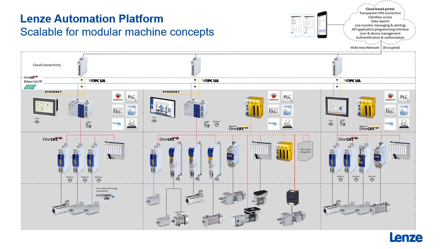And we also have the openness, because Lenze is always following open standards, as we understand how important it is to be able to integrate different types of machines, different production types, different parts of machines into a complete solution, so that you really can fulfill all the needs of these challenging and demanding market expectations.